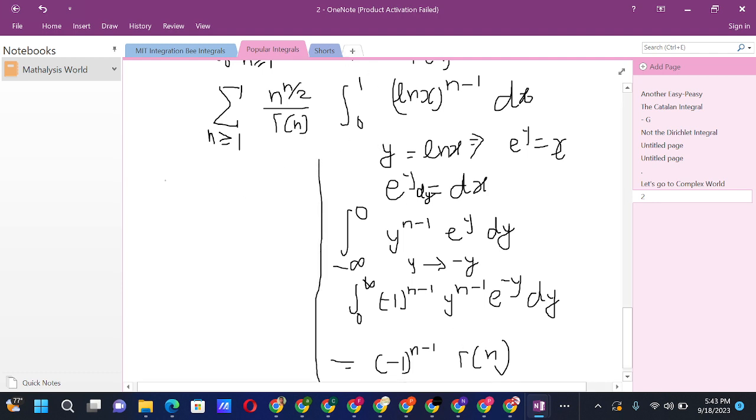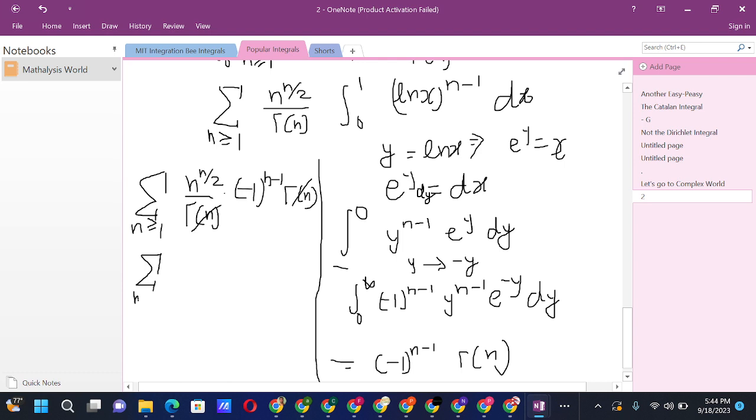So now we have this sum from n greater than or equal to 1 of n to the power n minus 2 by gamma of n, and this integral is just negative 1 to the power n minus 1 gamma of n. Now the gamma of n just cancels out, and we have the summation n greater than or equal to 1 of n to the power n minus 2.